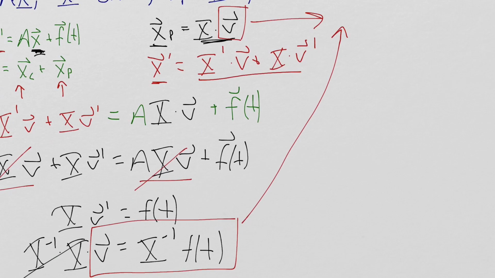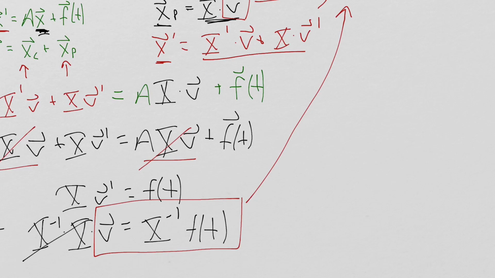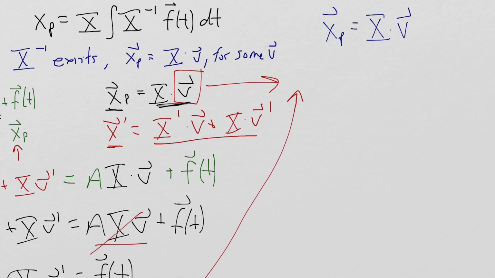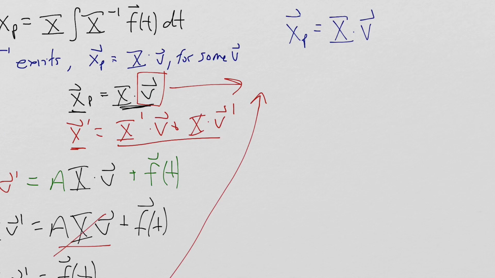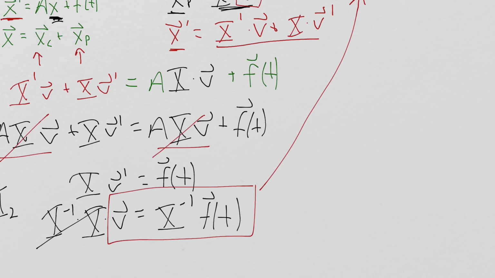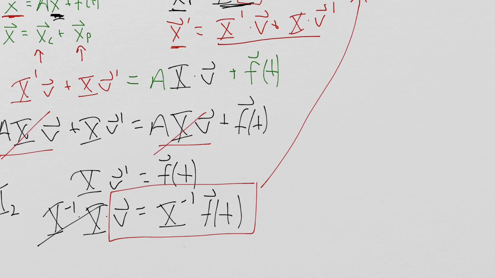Well, now look, I've got a formula down here for v in terms of x and the input, that external force, whatever you want to call it. So what do I get? I'm going to replace this with x, I made a mistake. It's a v prime. What do we do here?